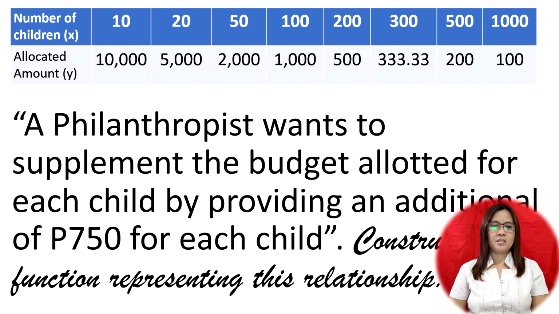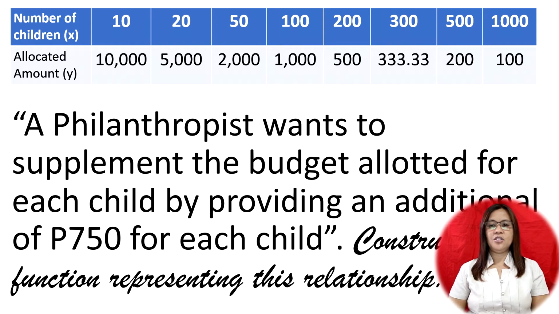2,750 pesos. For 100 children, it's 1,750 pesos. For 200 children, the allotted amount will be 1,250 pesos. For 300 children, yes, the amount given is 1,083 pesos and 33 centavos.